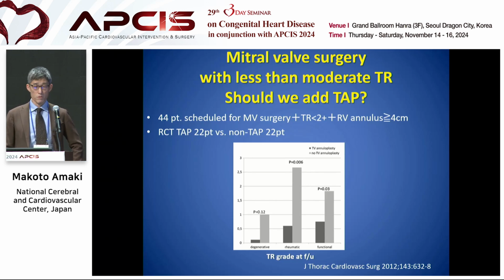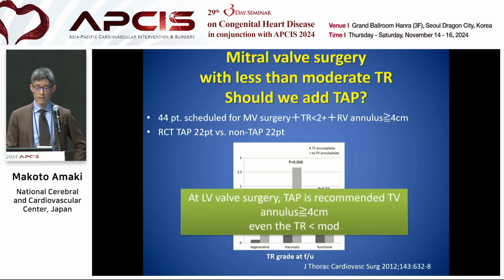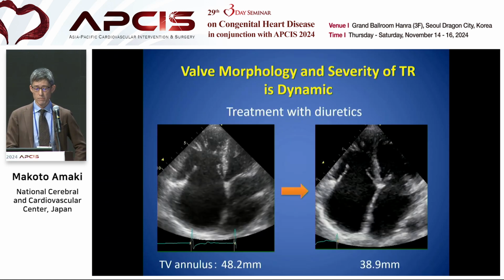So those patients who have a dilated annulus, more than 4 centimeters, even if the TR is less than moderate, should have the TAP. But the valve morphology is very hard to define, and also the severity of TR is very dynamic.